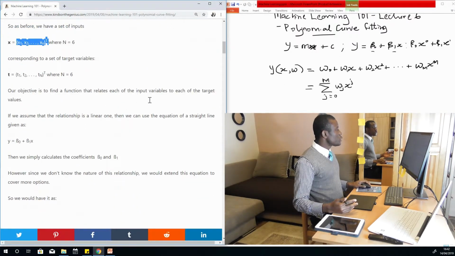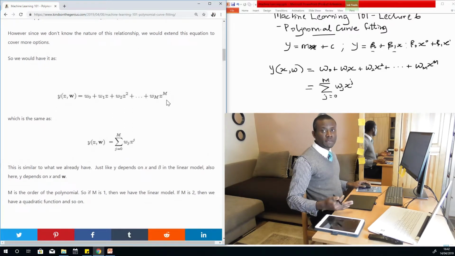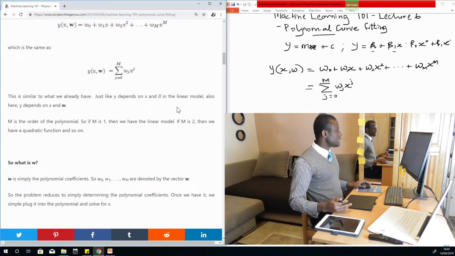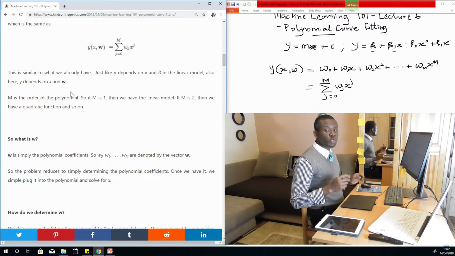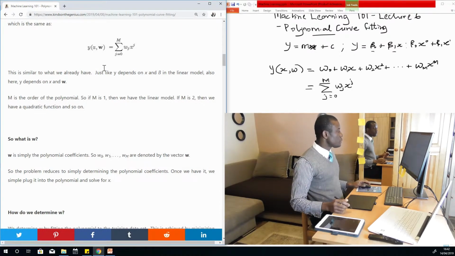So since we have several coefficients, we can also represent it as a vector. The notation on the page with a bold letter W shows that W is a vector. Now, is x a vector? No, x is not a vector. x is simply the variable in the equation. It's just one single value. And the same thing goes for y.